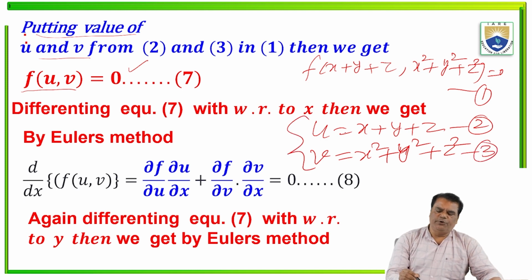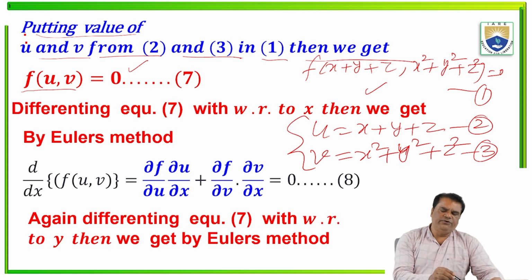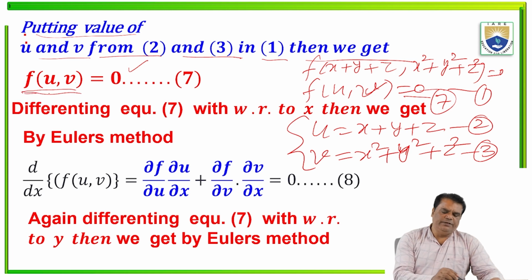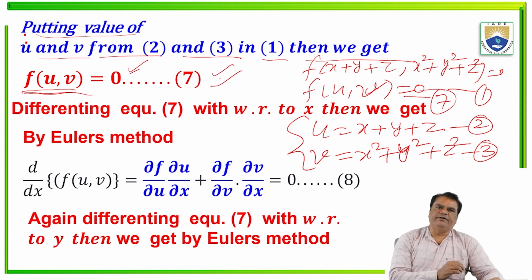Putting 2 and 3 in 1, from u and v, we get f(u, v) equal to 0. This is equation 7.